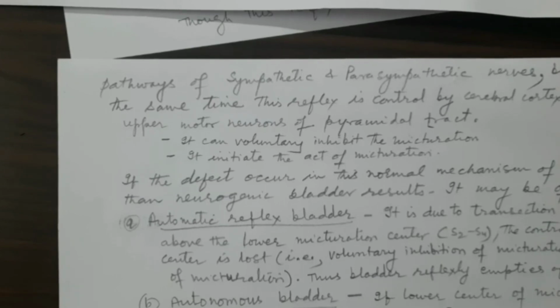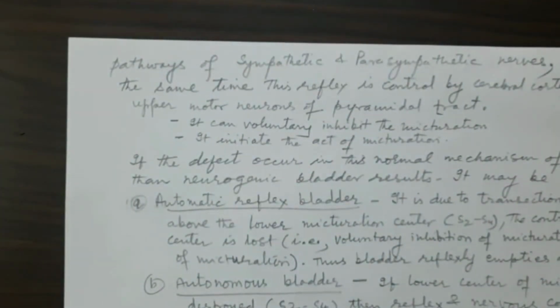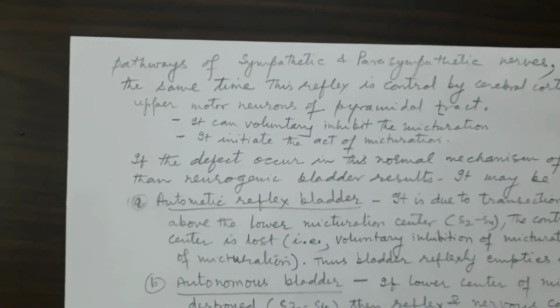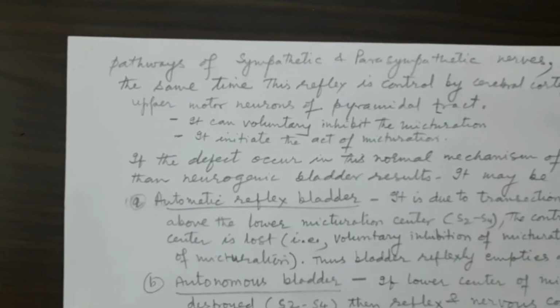You are holding your urine voluntarily, and through this upper motor neuron and the upper micturition center in the paracentral lobule, you give the order that micturition should now start. So initiation and holding of micturition are under your control. That means it is a somatic activity.